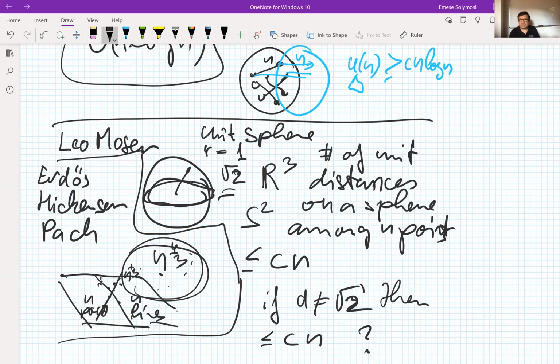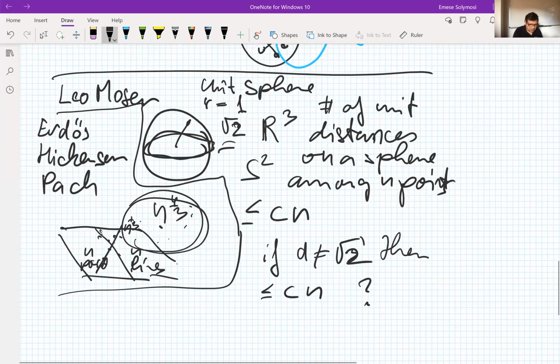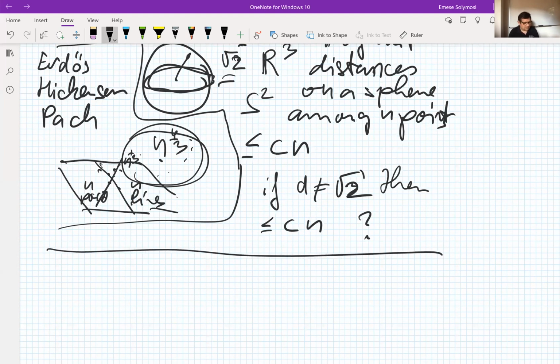Maybe there is a smart construction, but it's very hard to find a construction on a sphere, but maybe there are some other nice constructions to use. So those were the obstacles, why it's very hard to improve this bound to go any further than n to the 4/3.